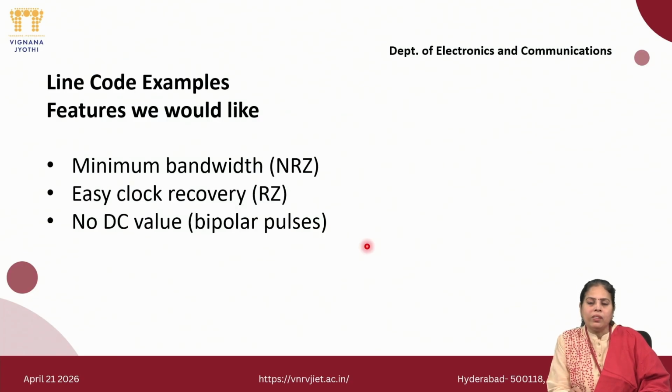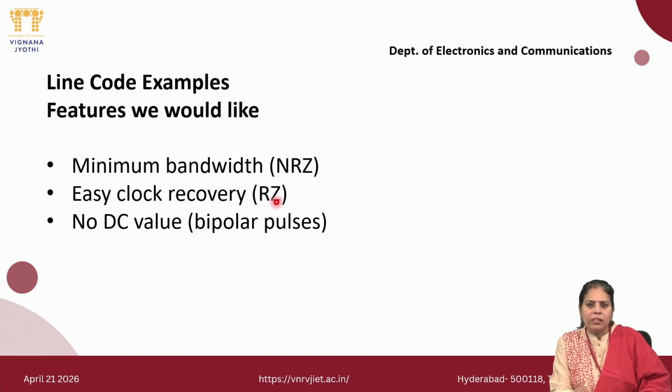Now, what features are we looking for when we use different line coding formats? Different line coding formats will give rise to different features. For example, if you are looking at transmitting the digital pulses using minimum bandwidth, then the line coding format that we prefer is non-return to 0, which offers the minimum channel bandwidth to be utilized.